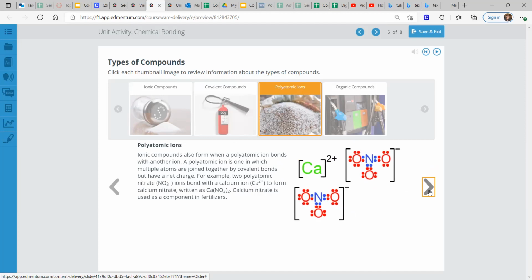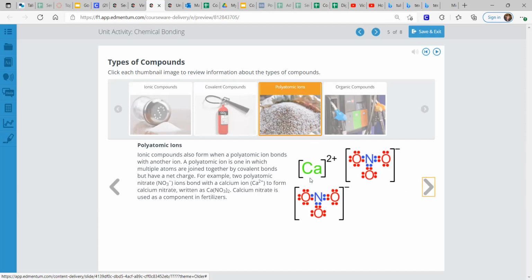Polyatomic ionic compounds also form when a polyatomic ion bonds with another ion. A polyatomic ion is one in which multiple atoms are joined together by covalent bonds, but have a net charge. For example, two polyatomic nitrate ions bond with a calcium ion.